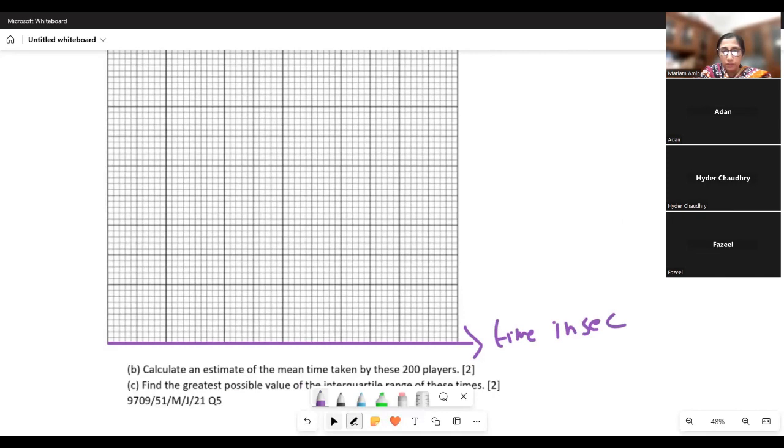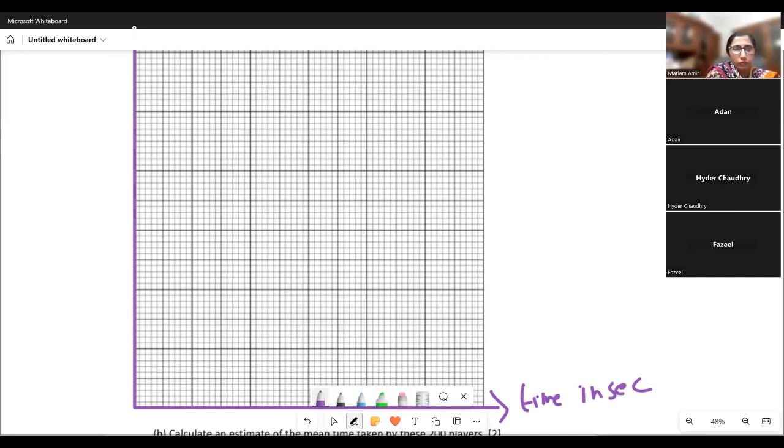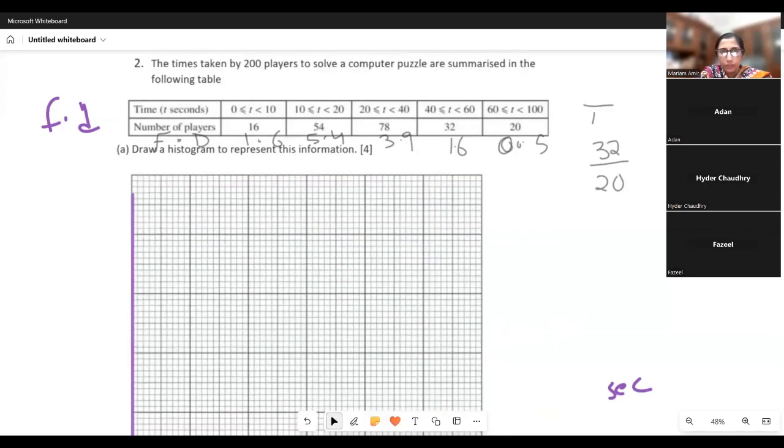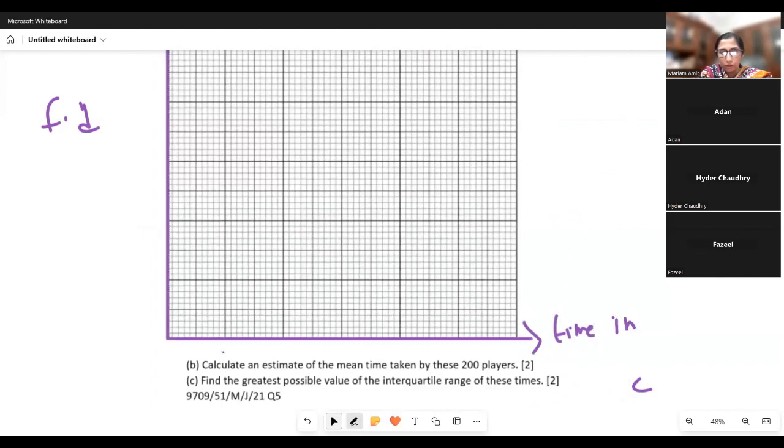And the y-axis has the frequency density. The first bar is between 0 to 10, and we have to go up to 100. So 10, 20, 30, 40, 50, 60, 70, 80, 90, 100, we've reached here.